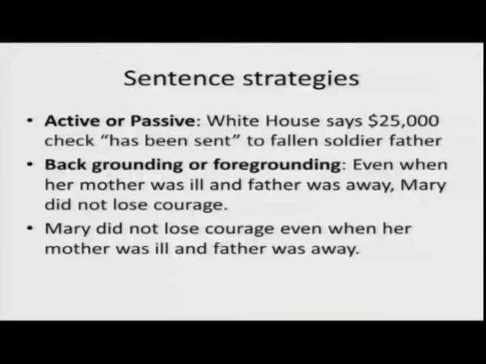Secondly, backgrounding or foregrounding. Let us look at these two sentences. They are about the same topic. Even when her mother was ill and father was away, Mary did not lose courage. So, now we rephrase it.